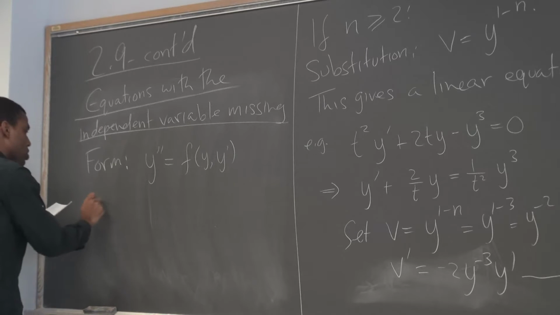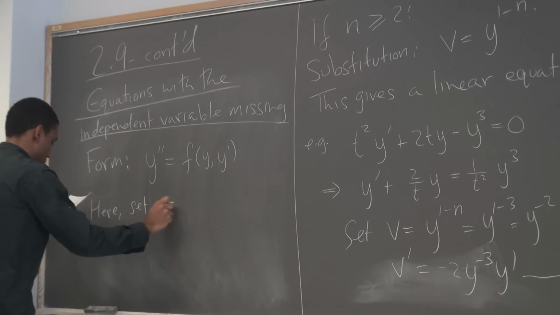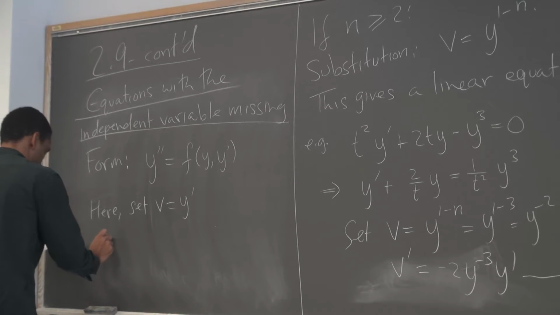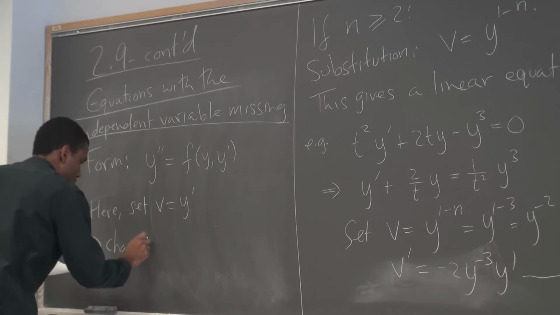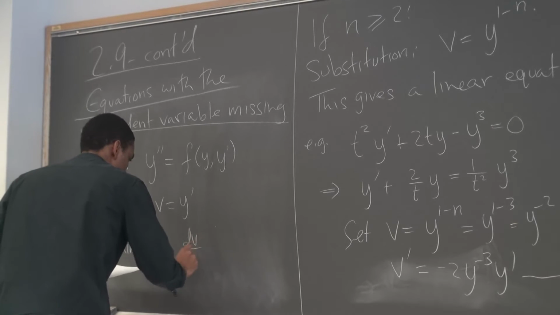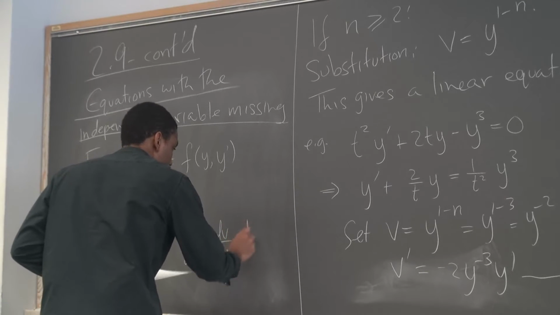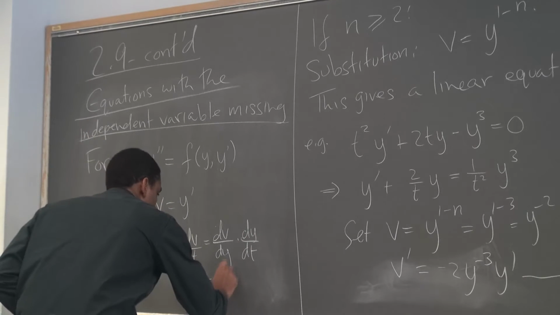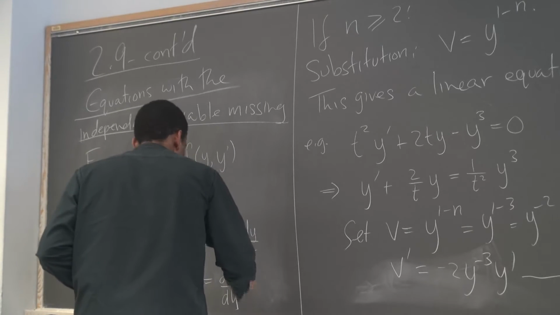So the trick here, by the chain rule we would get dv dt is equal to dv dy times dy dt. This is equal to dv dy times this guy, which is v.